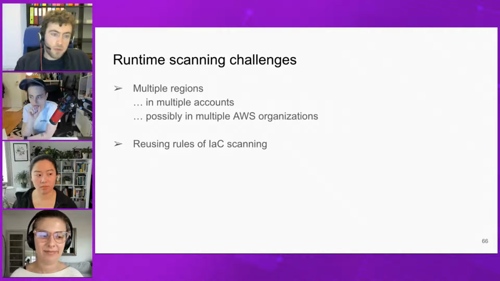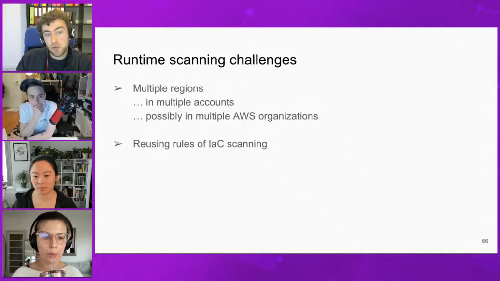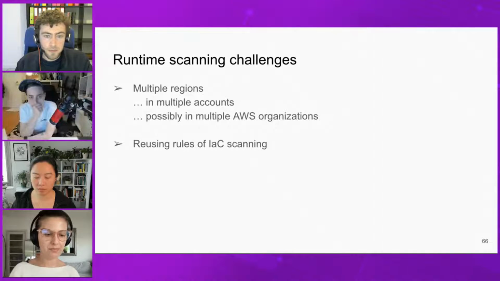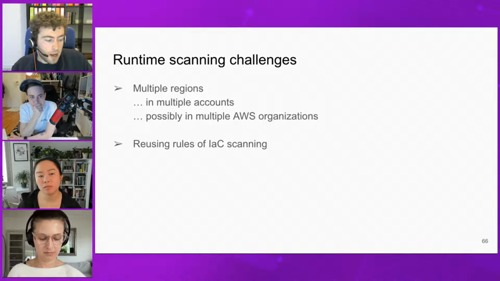Something that I'm super interested in, but that is very challenging, is we have a scanning pipeline for Terraform. Now we want to scan at runtime what is deployed. So how can we try to reuse the rules that we have for Terraform for runtime scanning? Because obviously, if we are trying to make sure that we don't have any public S3 buckets at the Terraform level, well, we don't want to have to write another set of rules for the same thing at runtime.